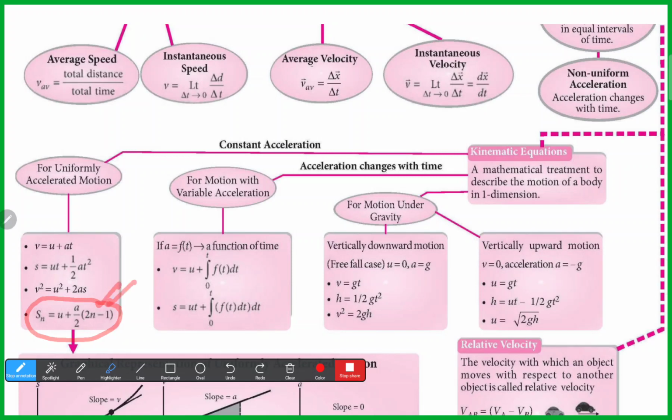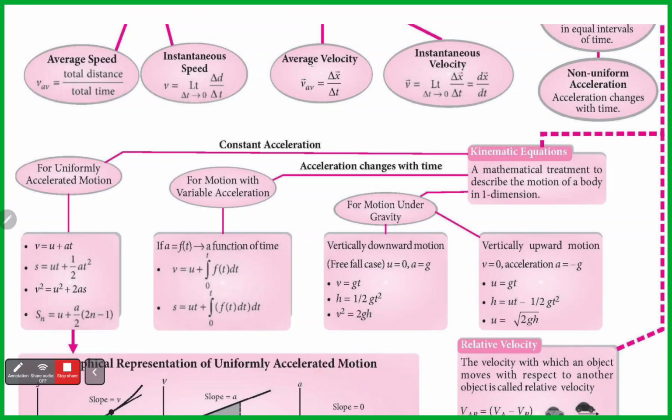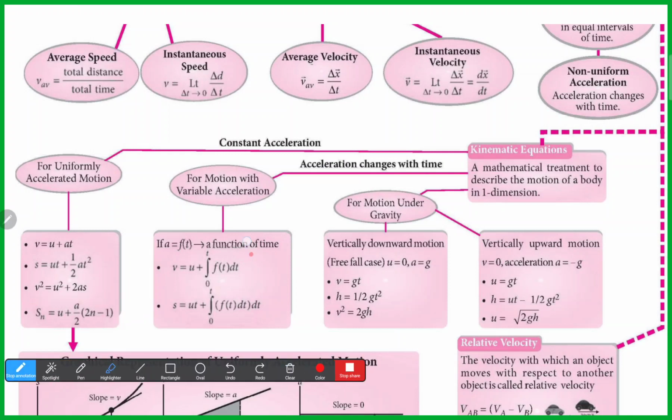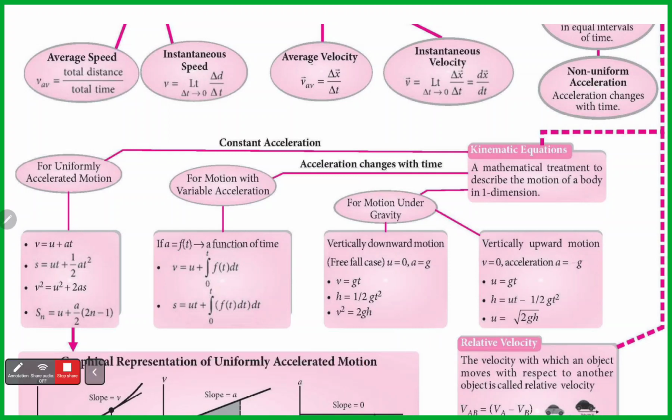This equation for the nth second is also important. And once we have variable motion, it is better to use integration. These equations are important. In variable motion we will use integration to solve them. Now, motion under gravity: here are three very important equations for calculation, for vertically upward and vertically downward motion.